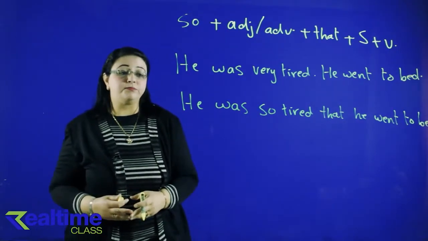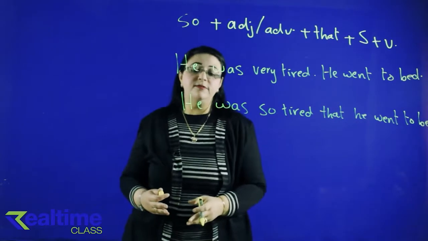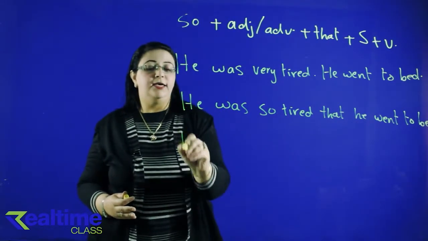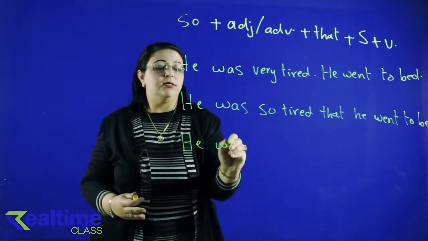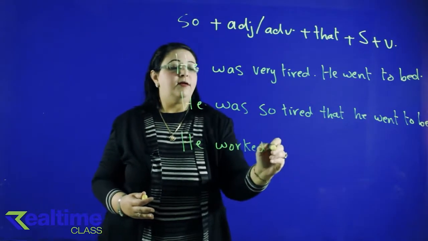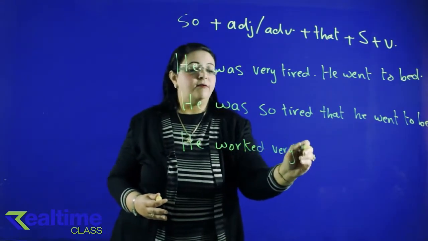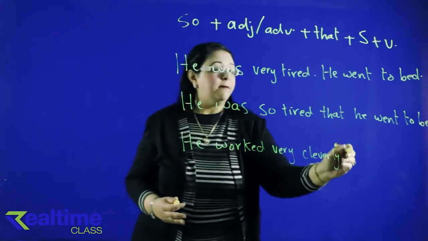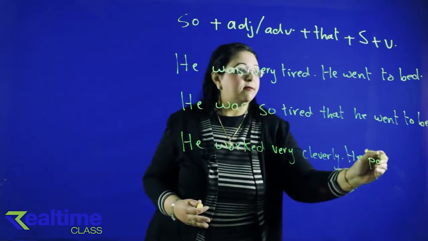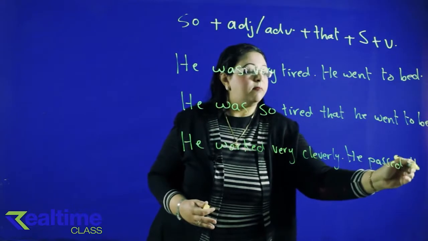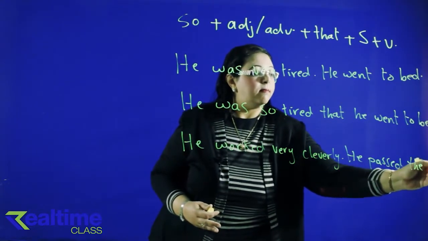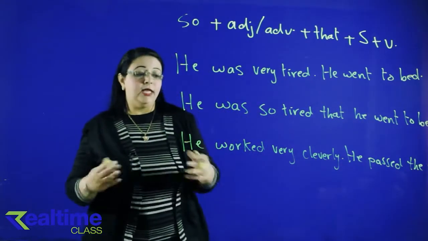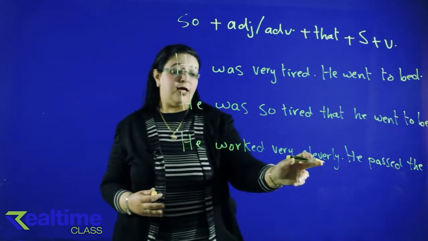Let's have another sentence about adverbs. For example, if we say, he worked very cleverly. He passed the exam. Again, we have a result, but here we have an adverb.